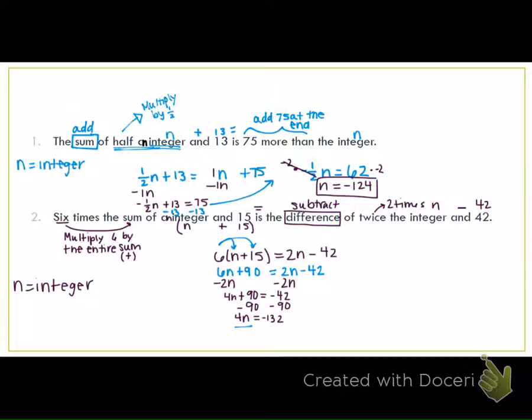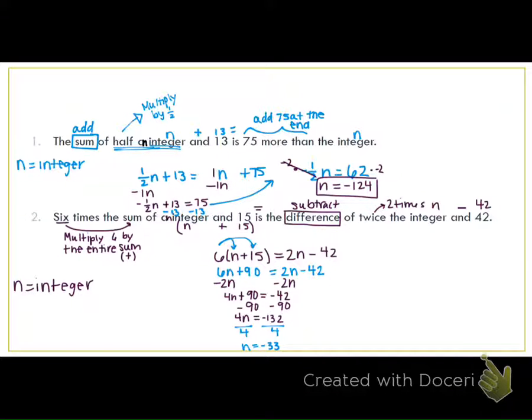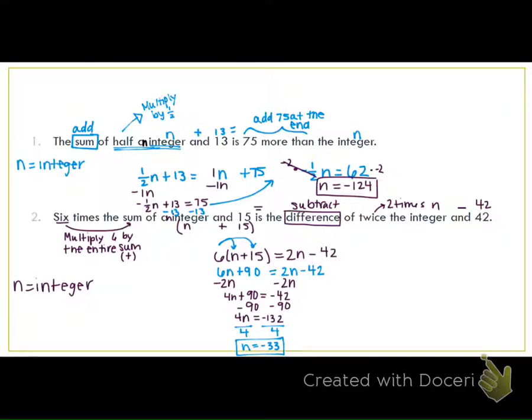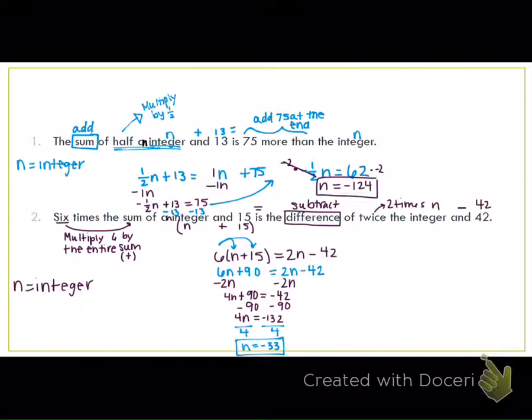Divide by 4. So n equals negative 33. Okay, before we move on to a different type of word problem, what questions do you guys have for me so far? If you do not have any questions, go ahead and flip to the next slide. We can continue through examples.